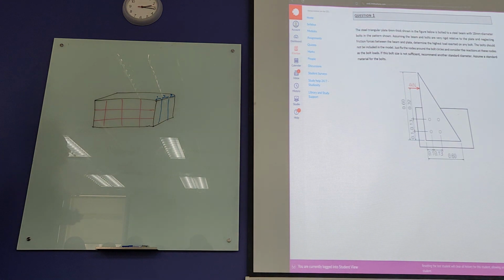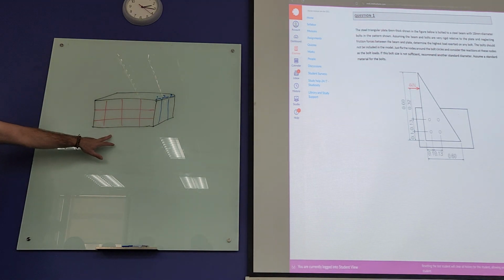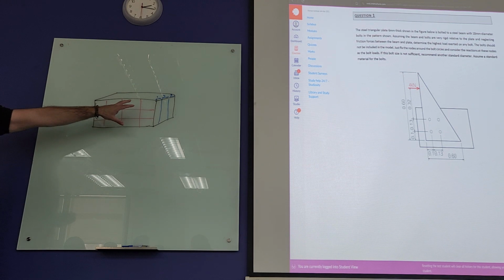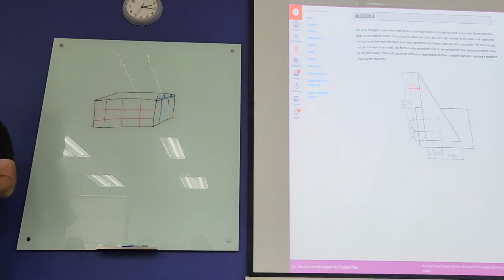Which immediately, if you got a thickness to worry about, complicates things. What I mean by complicated is it adds more nodes, more elements, more calculations. So all of a sudden from 12 elements, we got 12 in that block, 12 in that, 12 in that. So 36.